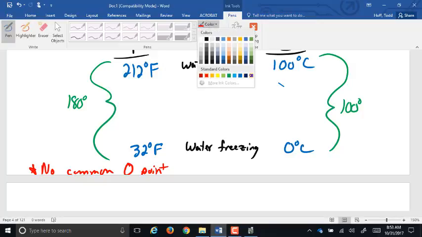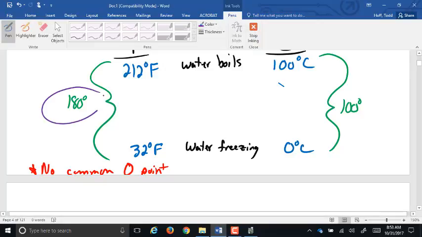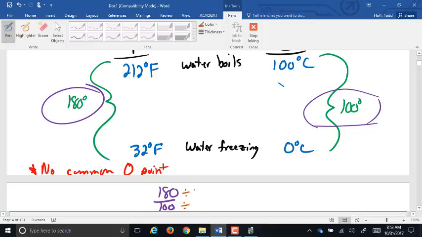The conversion factors come from these ratios here. What is the ratio of 180 over 100? If I reduce those, I can't turn it into a mixed number, I'm just going to reduce them. Both of those can be divided by 20, which gives me 9:5.